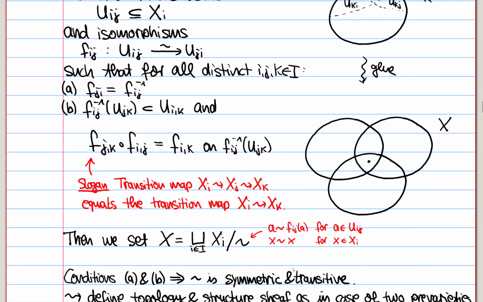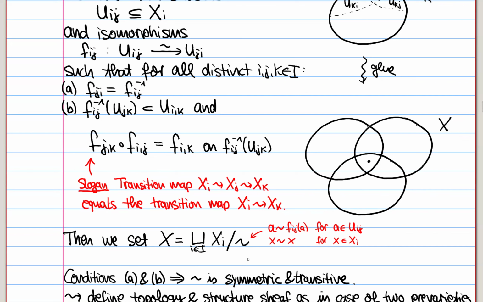And then these conditions, A and B, exactly say that this tilde is symmetric, and the second one says that it is transitive. So it basically comes from the properties that we expect from an equivalence relation. And so with these properties, this is indeed an equivalence relation.